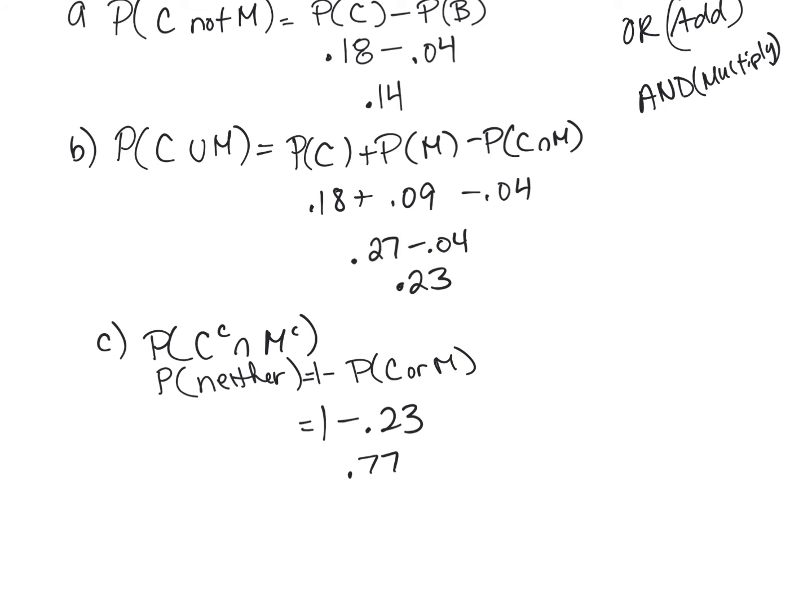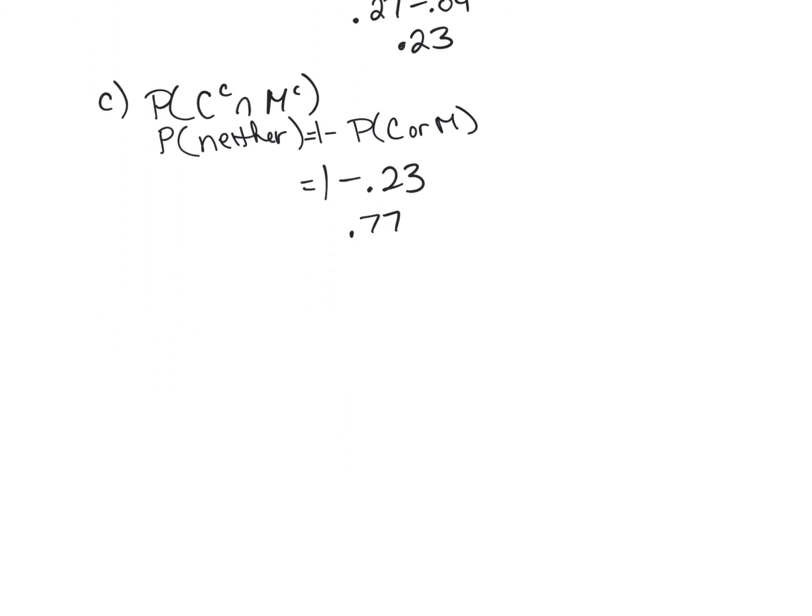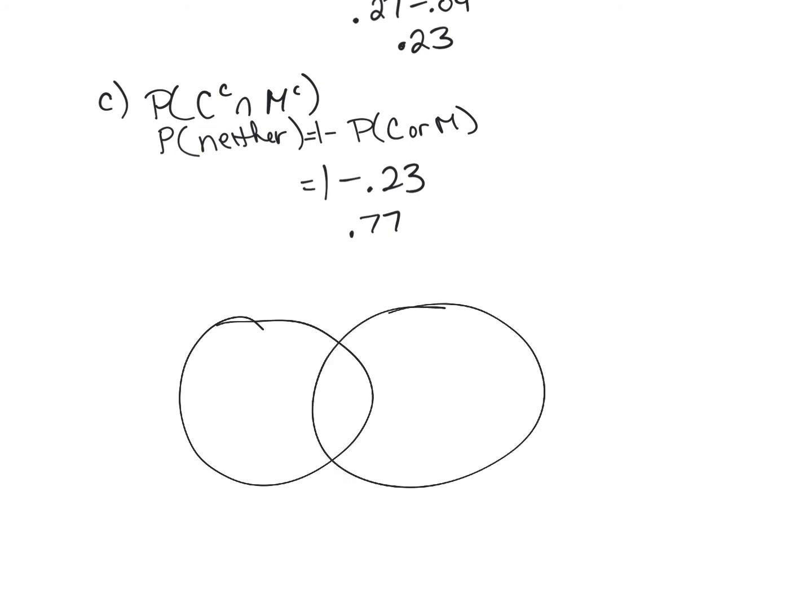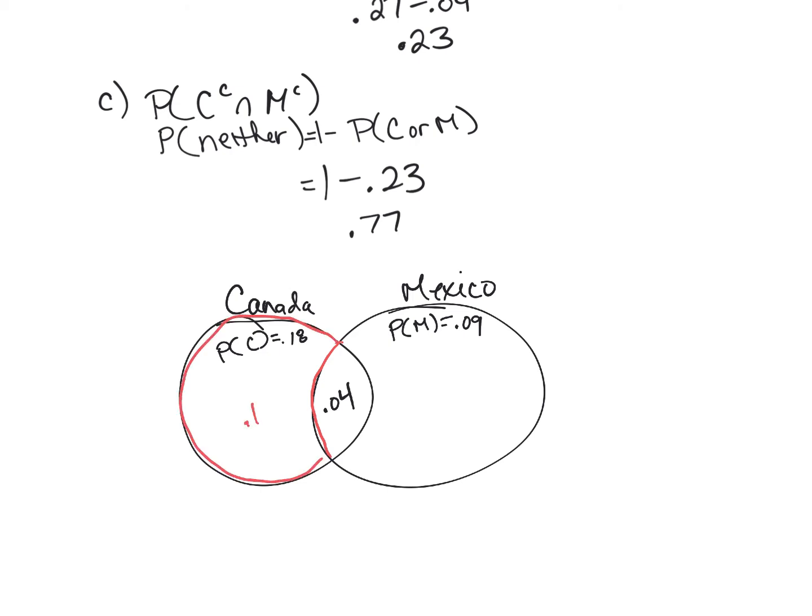Now, another way to do this problem is to look at a Venn diagram. And I want to show it to you in case you see it in the solutions. Good old Venn diagrams. We know the entire circle for the probability of Canada is 0.18, right? We know the entire circle for Mexico is 0.09. And both is 0.04, right? So the part that does not include both is your 0.14, right?